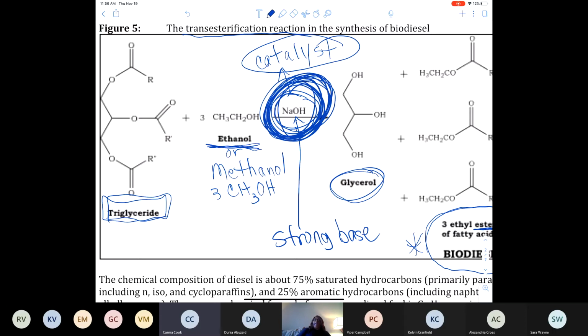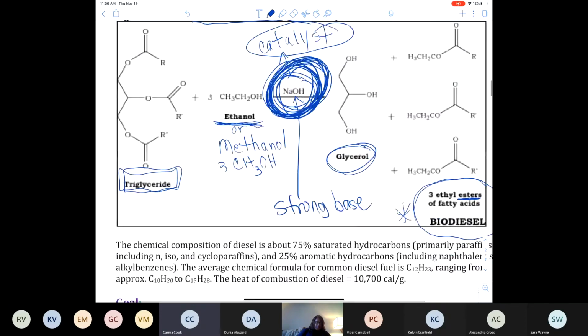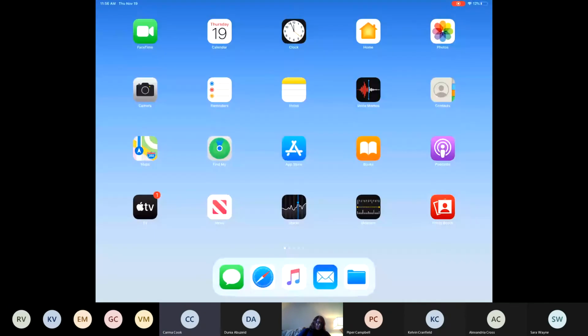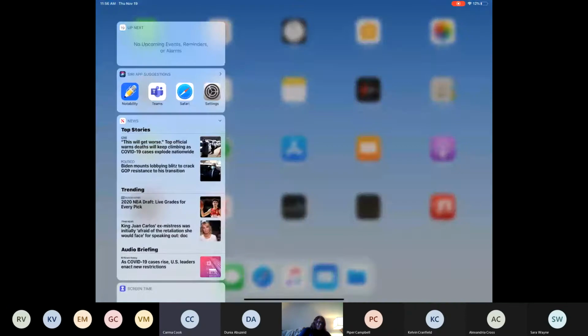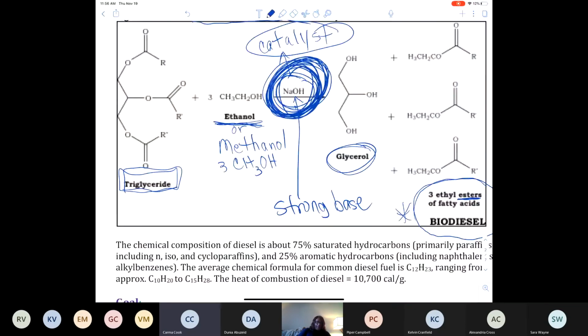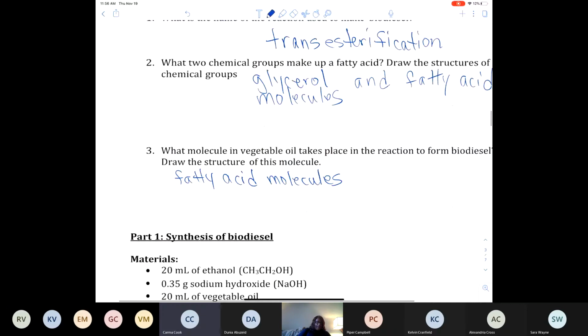But once I'm done making my biodiesel, I don't need the sodium hydroxide in my biodiesel anymore. That's why we use the acetic acid to neutralize the reaction. And that was to get rid of the sodium hydroxide.